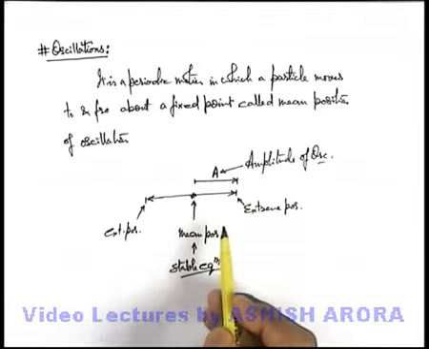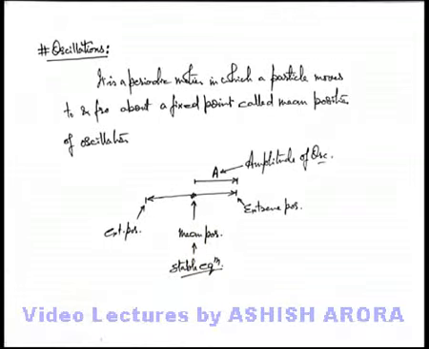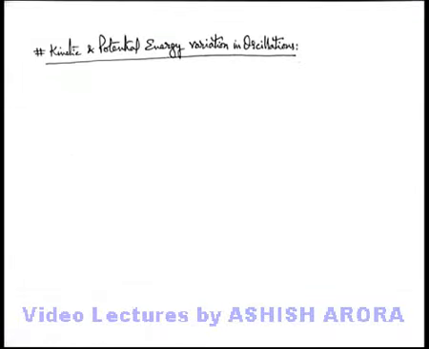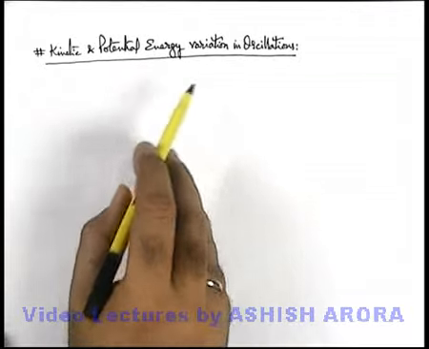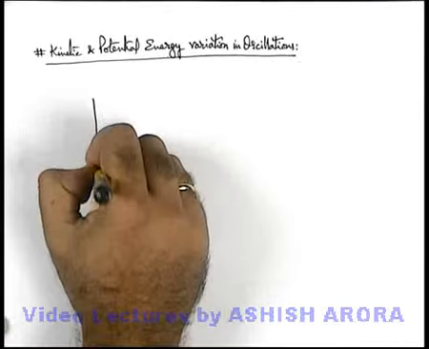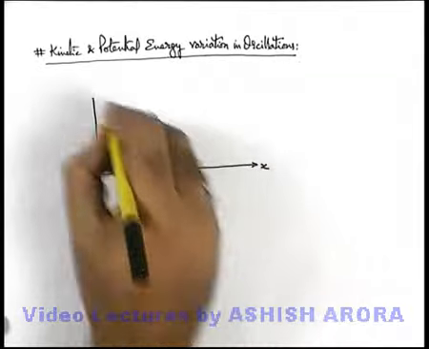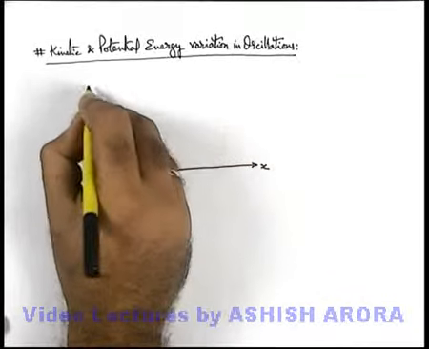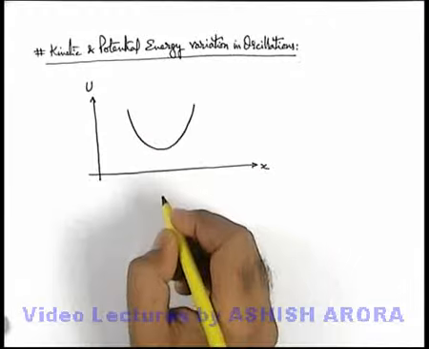Let's discuss something about the energy variation of a particle in oscillation. Now, in continuation, we'll study the kinetic and potential energy variation in oscillation. If you recall, we have studied a potential energy versus position curve. For a particle which is in stable equilibrium, the curve looks like this.